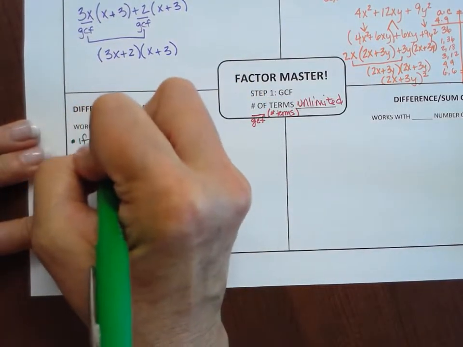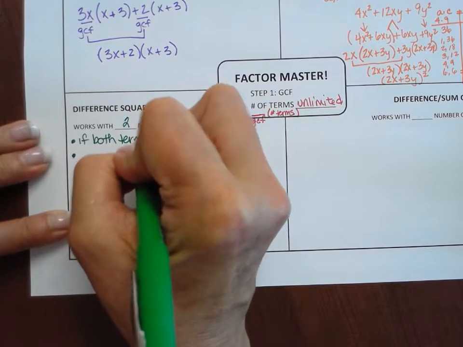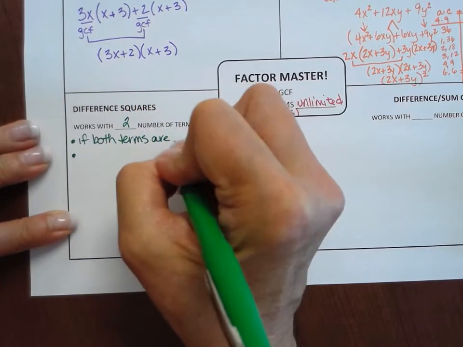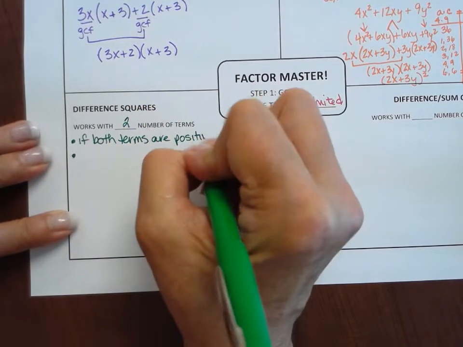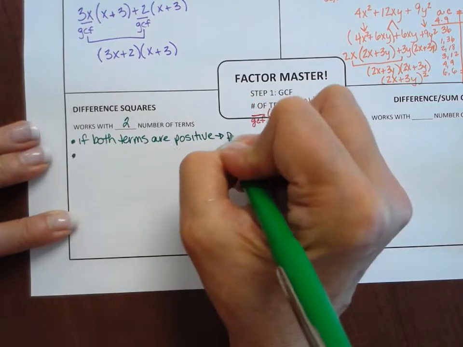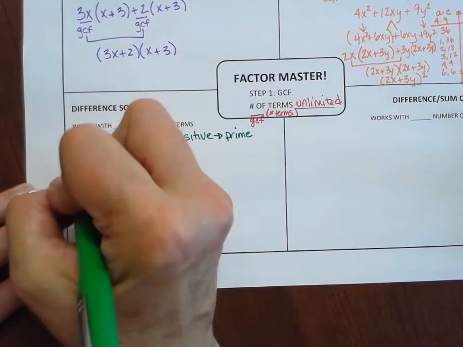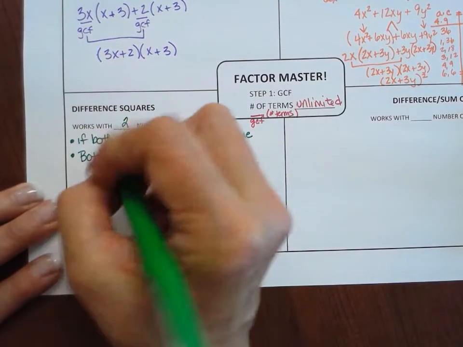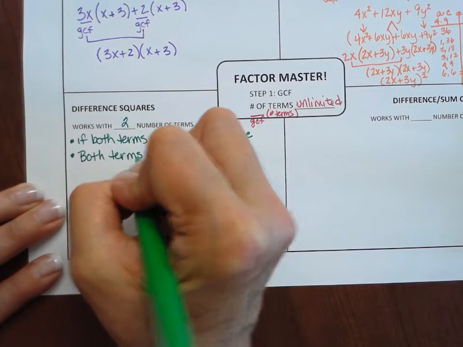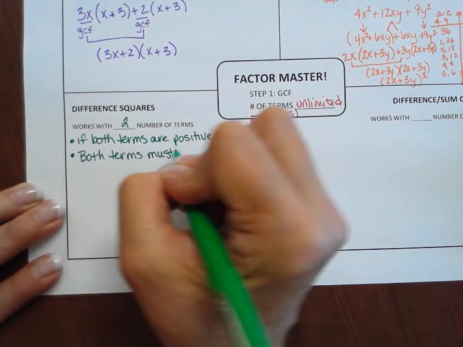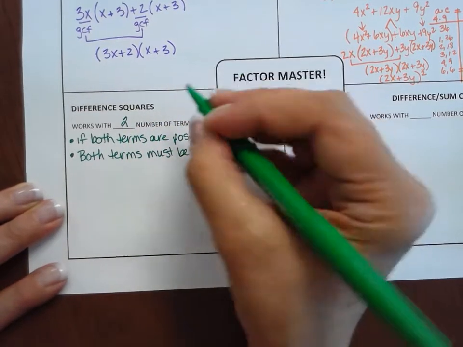If both terms are positive, then it's prime. I like that one. Okay. What's the other thing? Both terms must be what? Yeah, that's it. Perfect squares.